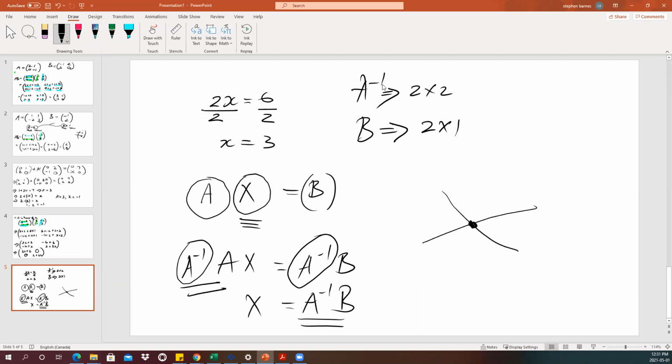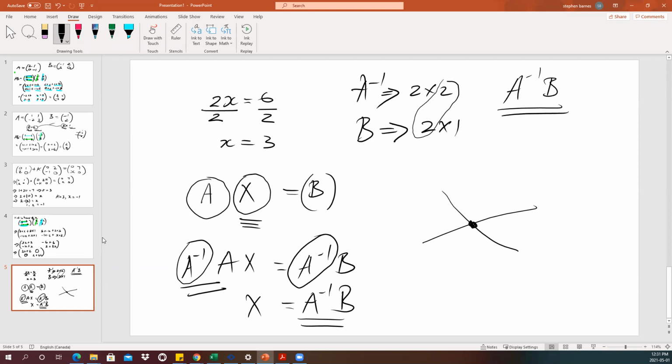Apart from the fact that you apply this to the left, it has to be to the left of B simply because in order for it to even multiply, the number of columns in A inverse must be equal to the number of rows in B, right? So that's why this is valid.